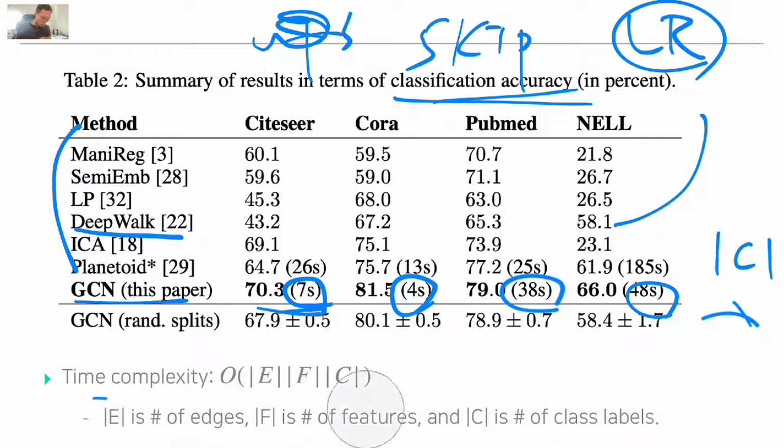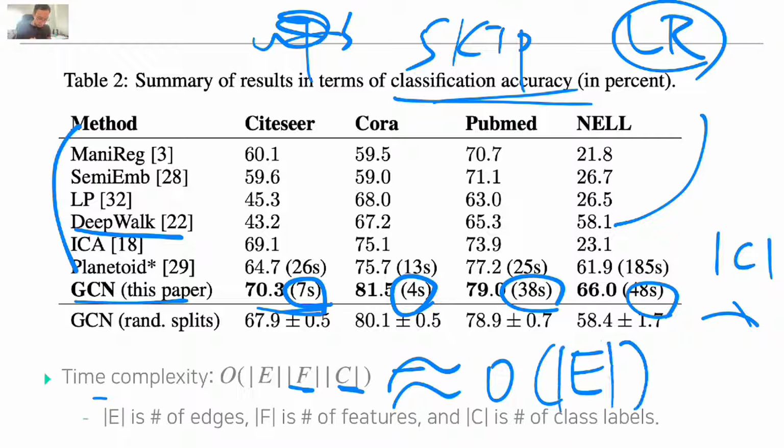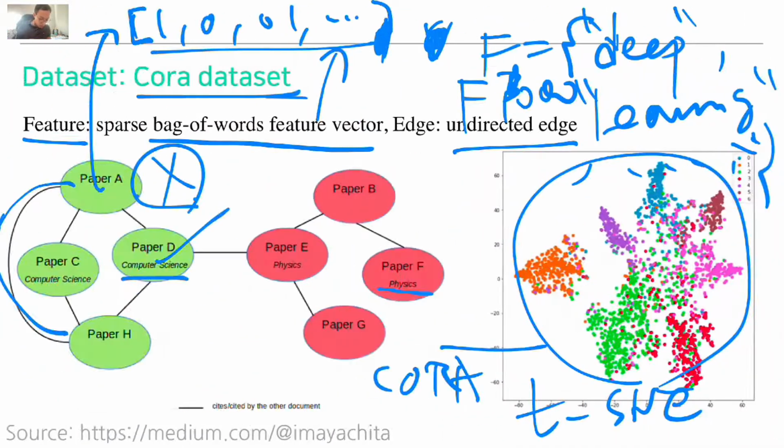Anyway, these are usually small and constant. So we are able to say it is linear in the number of edges and quite efficient, and still we're getting a very good result.